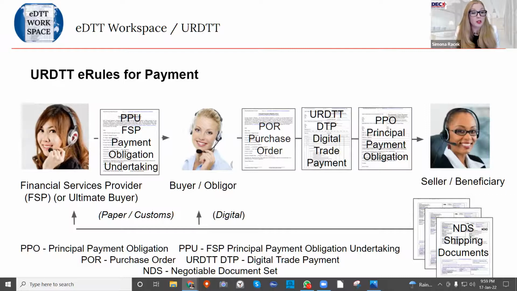The digital shipping documents are used for negotiation and payment and are presented electronically in accordance with the URDTT rules, UCP, and EUCP guidelines. After payment, their hard copies may be couriered by the buyer or ultimate buyer if they're needed to clear customs, like in the case of ocean shipment.